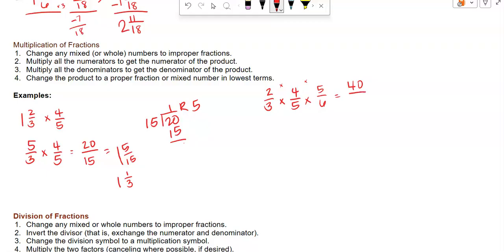That's our numerator. For our denominator, 3 times 5 is 15. 15 times 6 is 90. Okay, and we can definitely reduce this to lower terms. Both can be divided by 10. And that will give me 4/9.